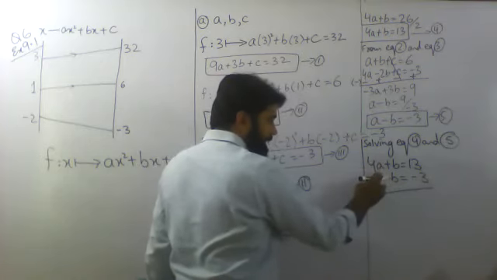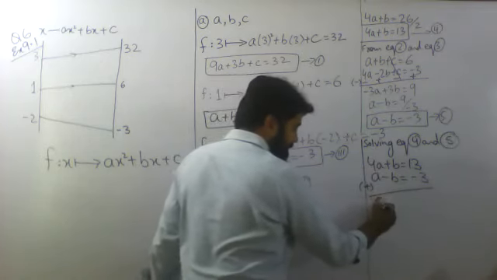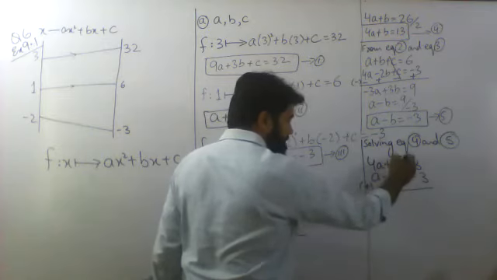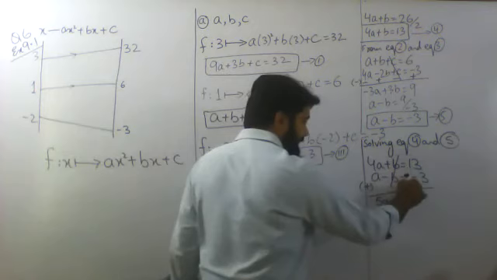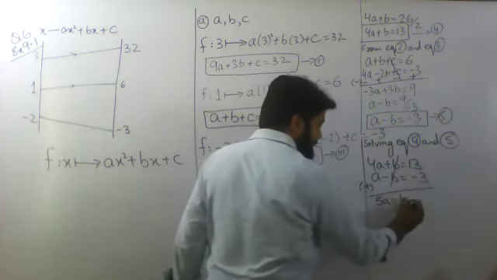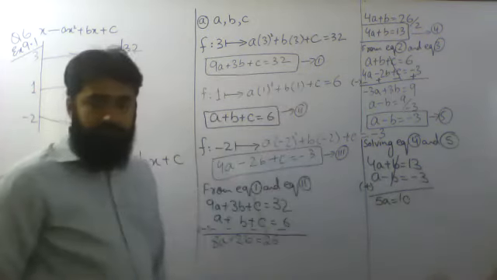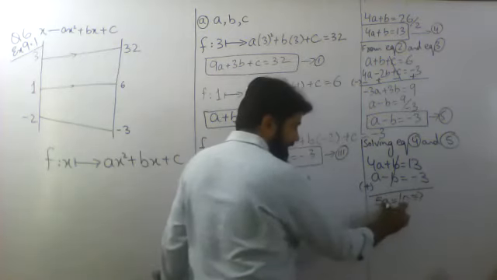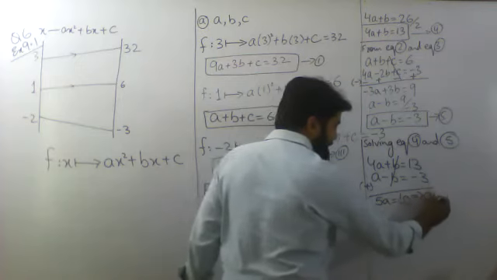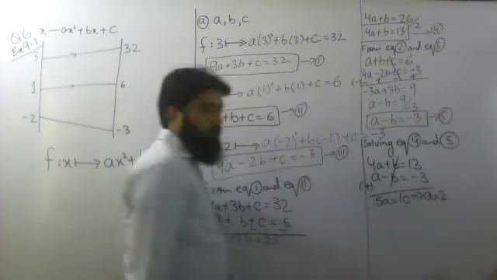So 4A plus A will become 5A, plus B minus B is cancelled. 13 minus 3 will be 10. Okay, simplifying it, shifting this over here, the value of A will become 2.